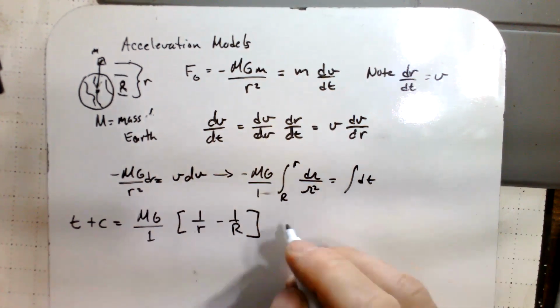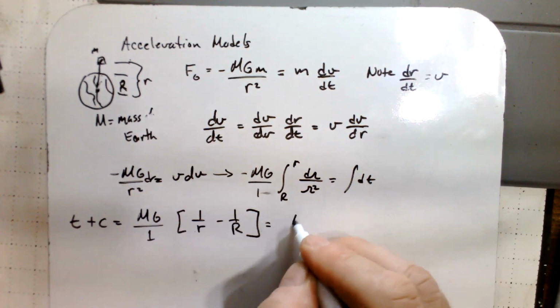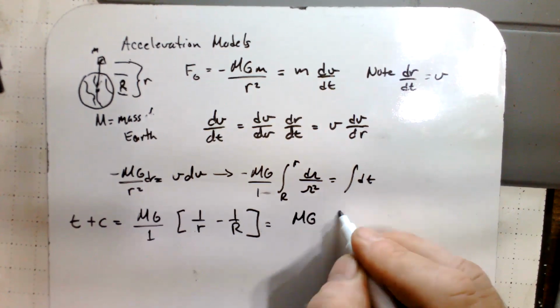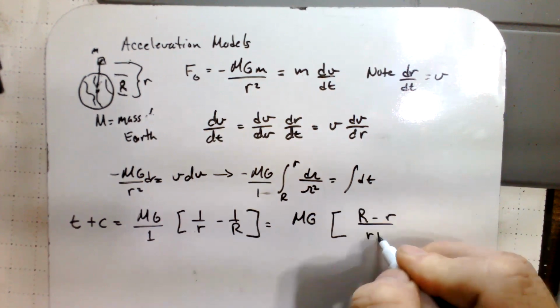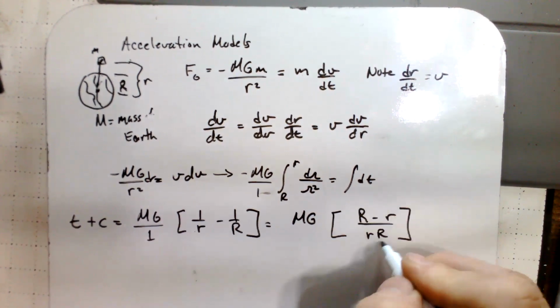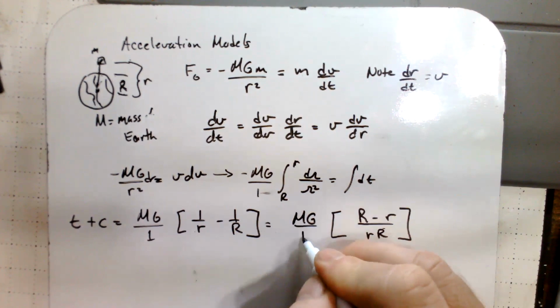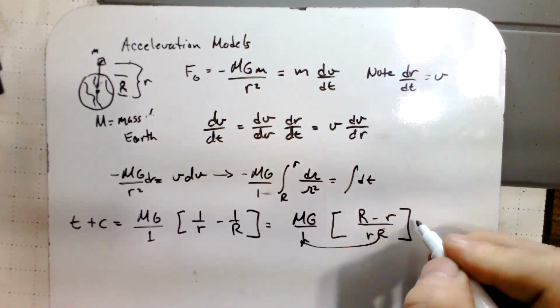That is the result of the integration from there. Getting a common denominator, we get GM times capital R minus lowercase r over r times big R. And then this r here is what I'm going to move outside in this placeholder position there.